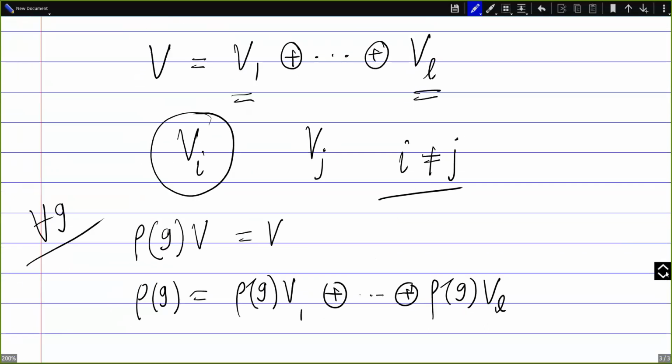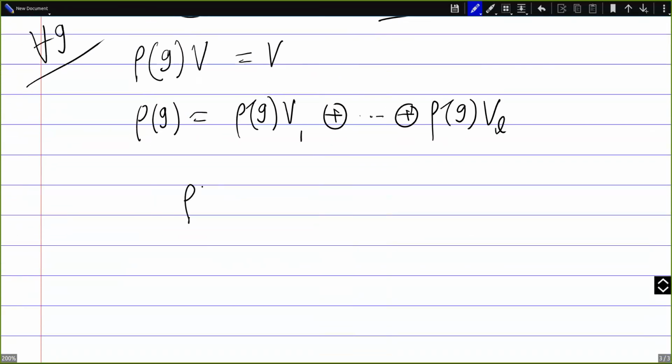So now we will see that each rho g Vi is also something very interesting. Why? Because each Vi, if you recall, is the direct sum of same, meaning equivalent or isomorphic, irreducible subrepresentations.